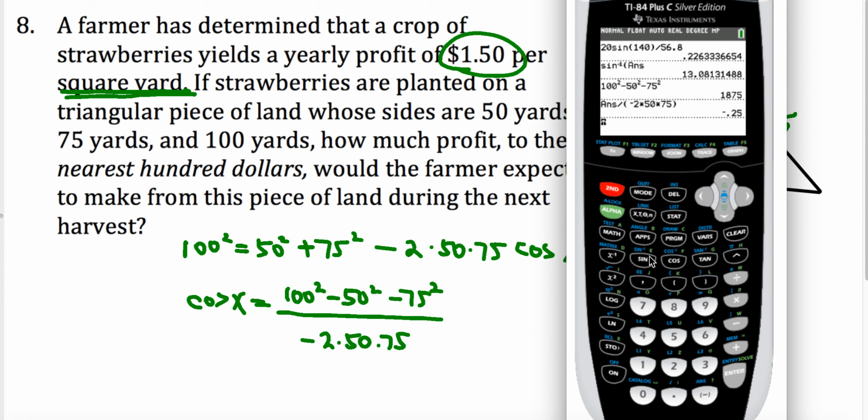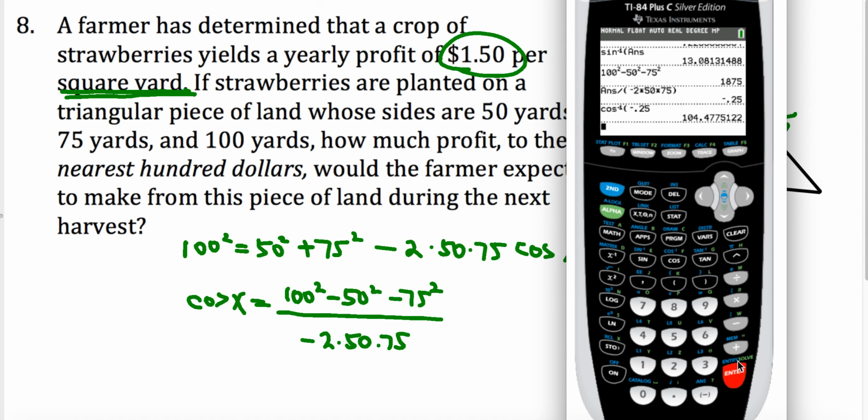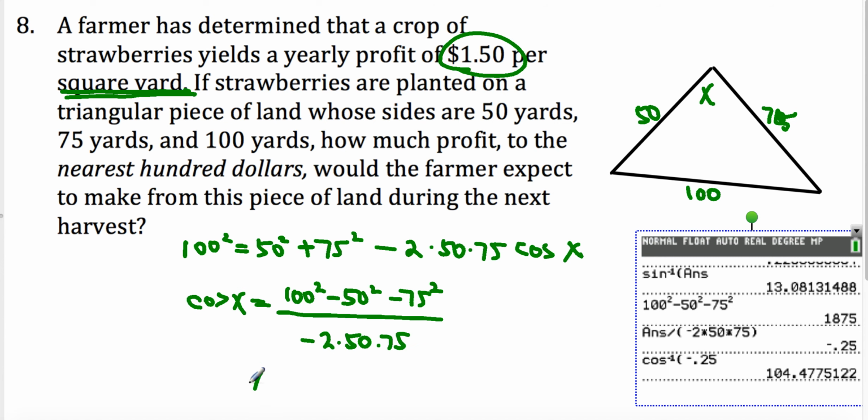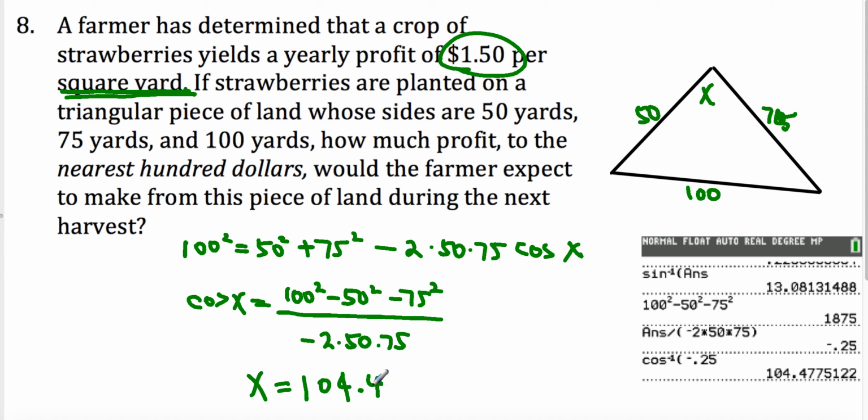And then we have to take the inverse cosine to find that answer. We get x is equal to 104.477, so 104.48 degrees. Now, using that angle, we should be able to find out the area.